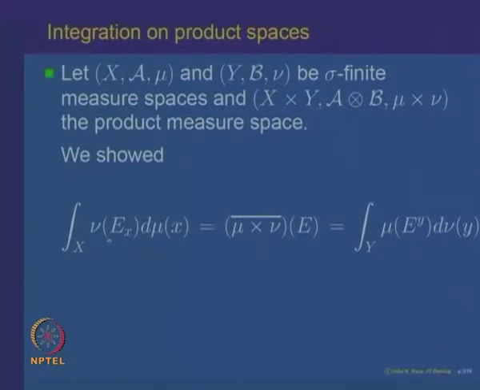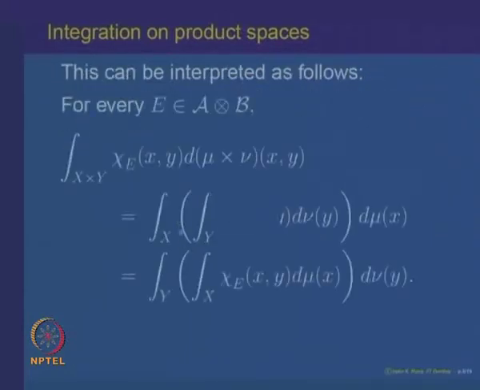So, this result we want to reinterpret as follows. The measure of the set E can be written as the integral of the indicator function of the set E with respect to the product measure. So, mu cross nu of the set E is nothing but the integral of the indicator function of the set E on one hand. On the other hand, if you look at the x section or the y sections, they are nothing but the indicator functions of the set E again.